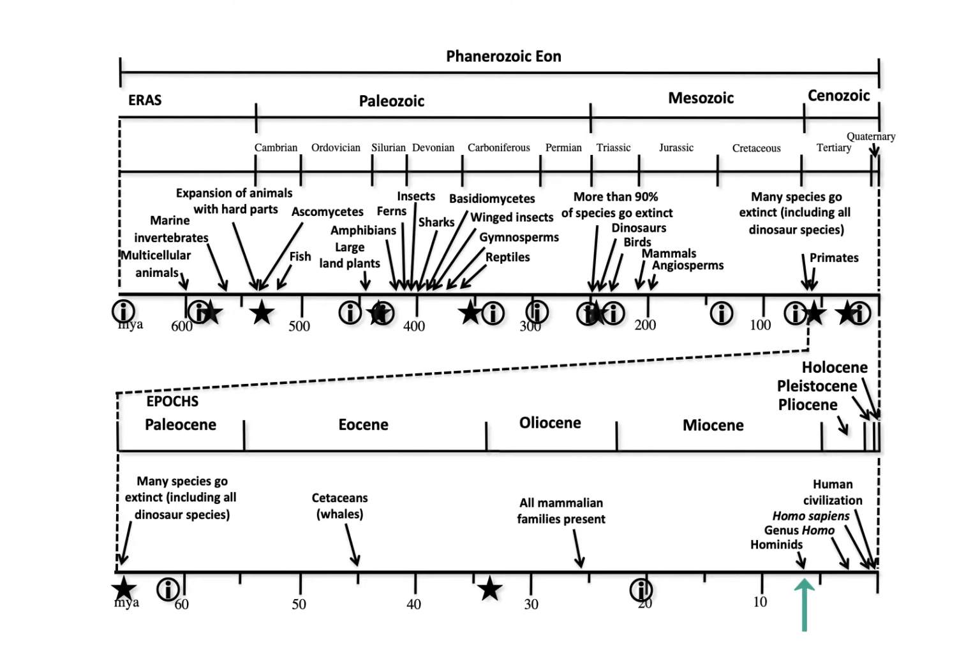Here the hominids arise about 7 million years ago, the genus Homo arising about 3 million years ago, and then Homo sapiens first appeared around 200,000 years ago, and the beginning of human civilization started about 10 to 12,000 years ago.